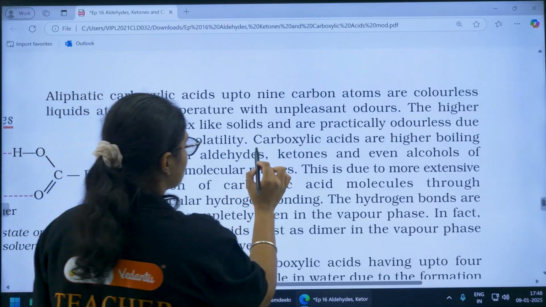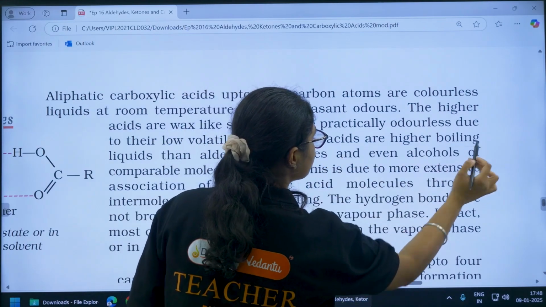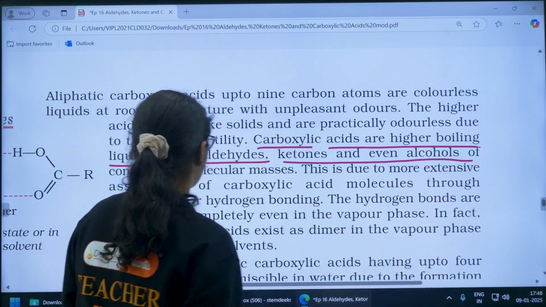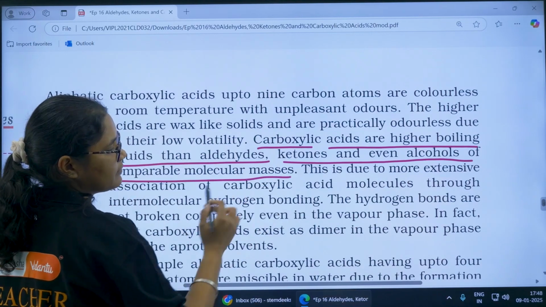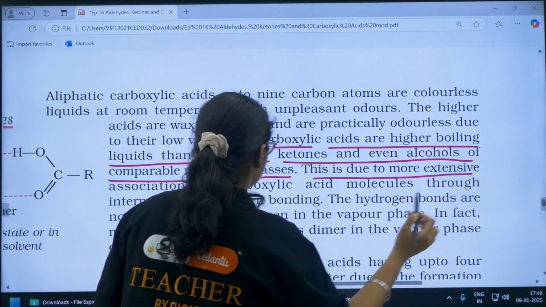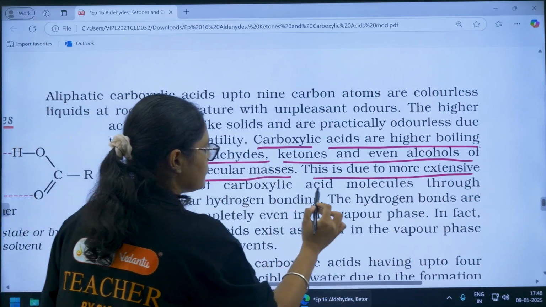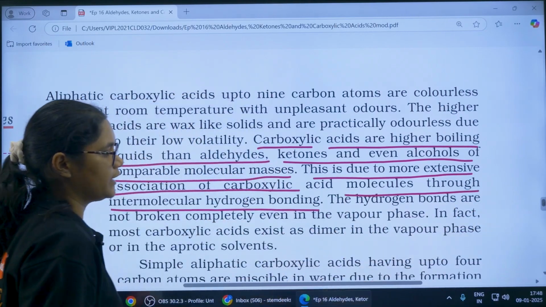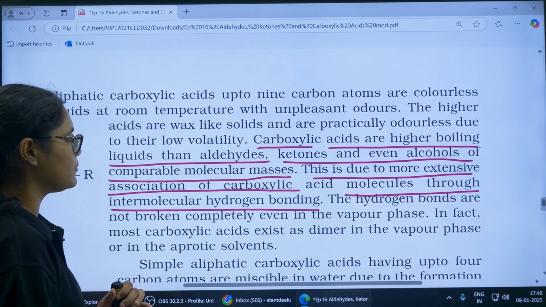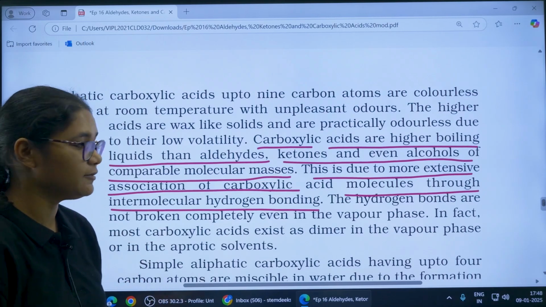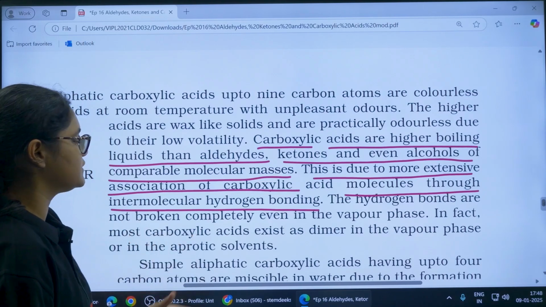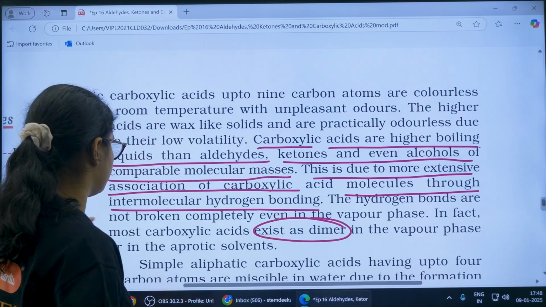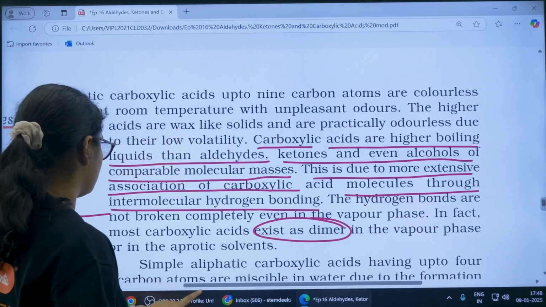Carboxylic acids are higher boiling point liquids than aldehydes, ketones and even alcohols of comparable molecular masses. This is due to the more extensive association of carboxylic acid molecules through intermolecular hydrogen bonding. The hydrogen bonds are not broken completely even in the vapor phase. In fact, most carboxylic acids exist as dimers in the vapor phase and in aprotic solvents.